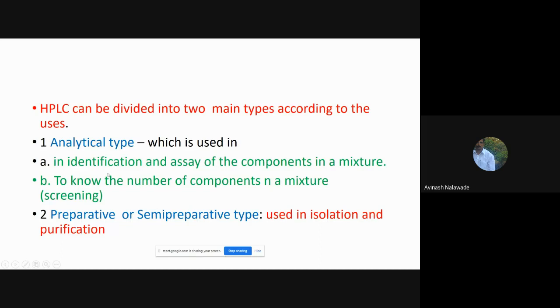Okay, when we use HPLC in the analytical type, it is used in the identification and assay of the components in the mixture, or to know the number of components in the mixture.